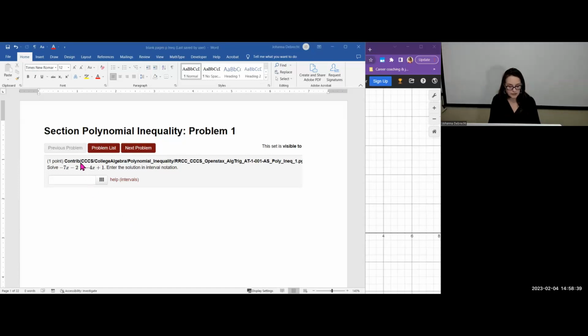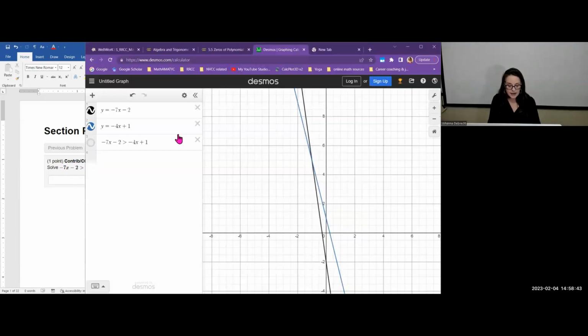Now what we're going to do is graph this in Desmos, and see what it means when we have one line above the other line. You can see I have them graphed here. The first one is negative 7x minus 2, and the one in blue is negative 4x plus 1. We want to know when negative 7x minus 2, the line in black, is greater than negative 4x plus 1, the line in blue. That would mean the y value is greater than the y value of the other.